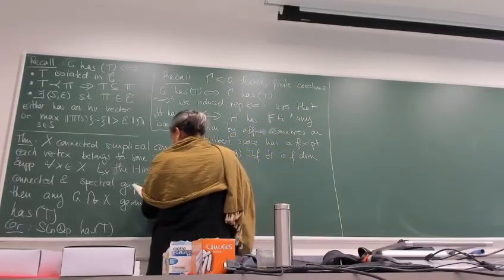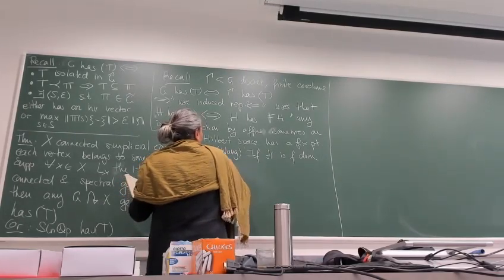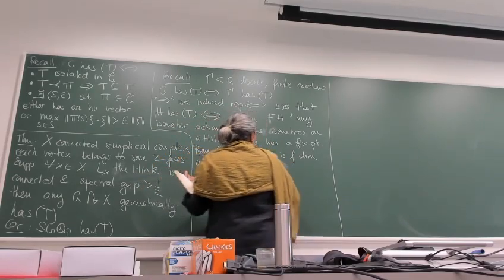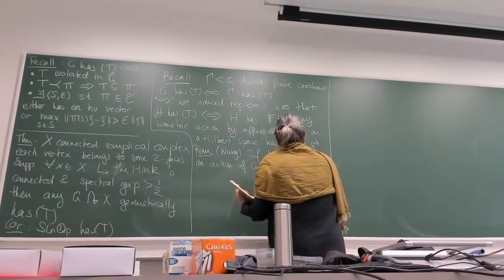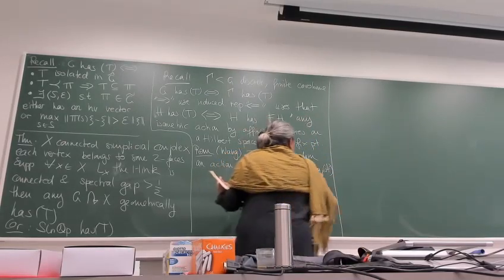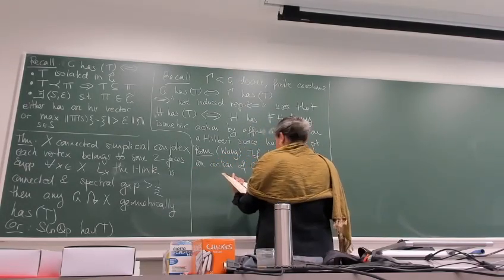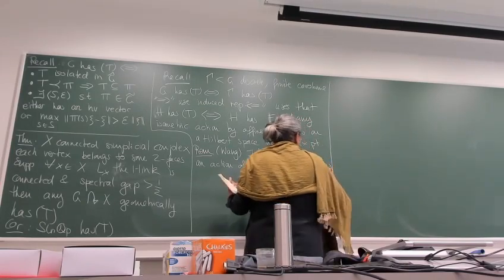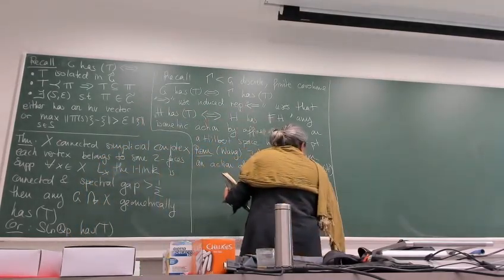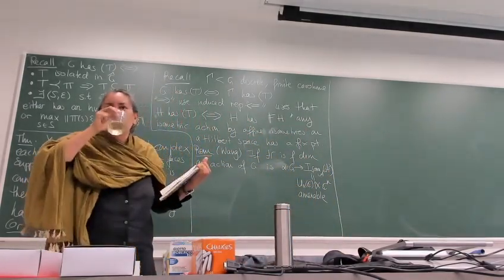Because an action of G, with or without T, is a homomorphism from G to the affine isometry group of H, and this is U(n) semi-direct product with C^n, and that's amenable, because that's a compact group semi-direct product abelian group.